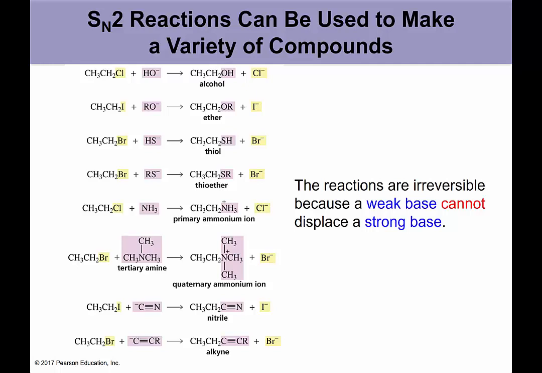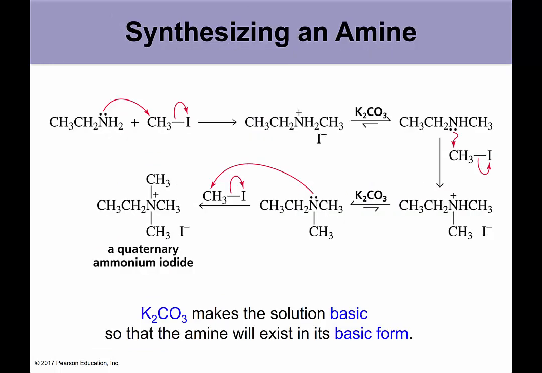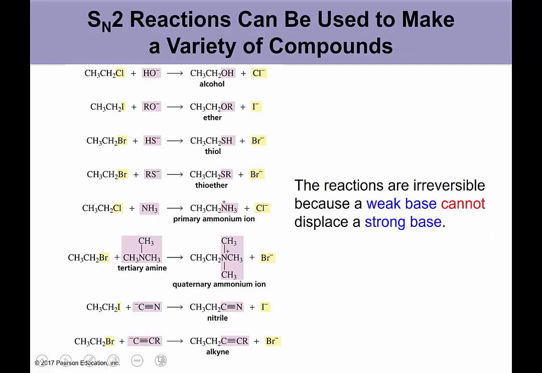We were talking about substitution reactions. So this slide really could be substitution reactions in general. And one of the things about substitution reactions is that you can create a wide variety of different compounds. So if you use hydroxide as a nucleophile, then you can end up with an alcohol. If you use a tertiary amine, you can end up with a quaternary ammonium ion, which is usually known as a quaternary ammonium salt.